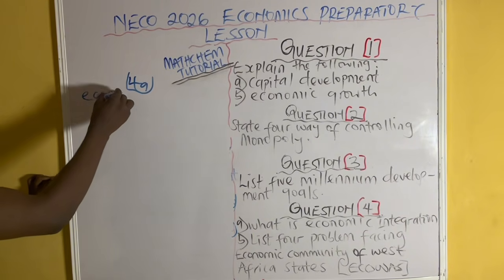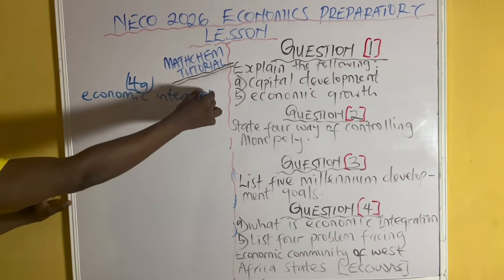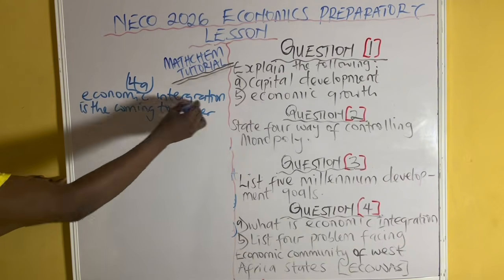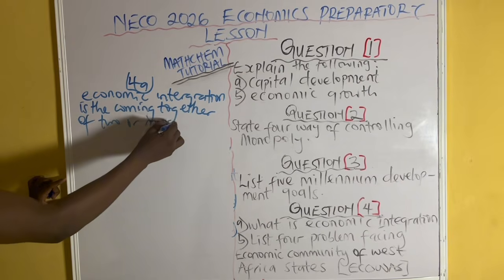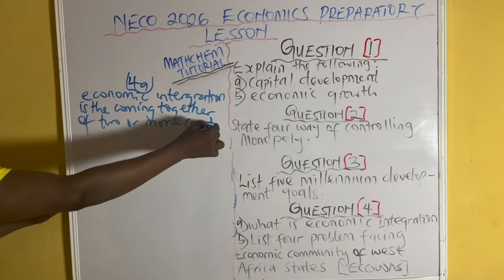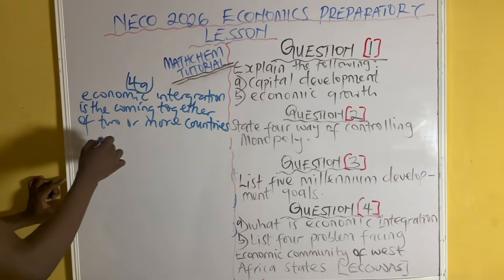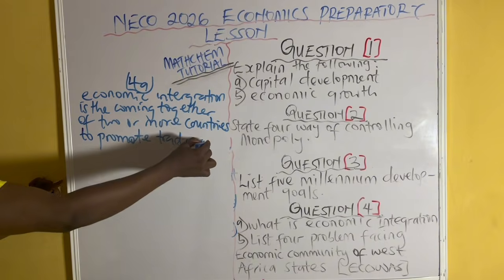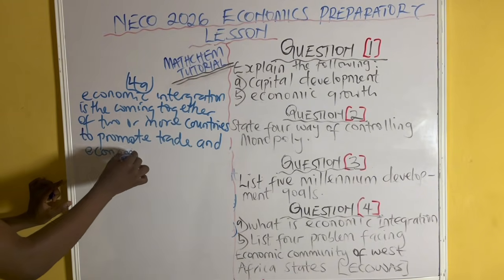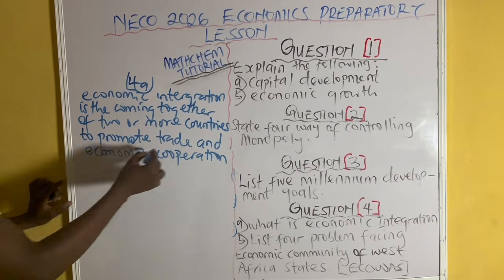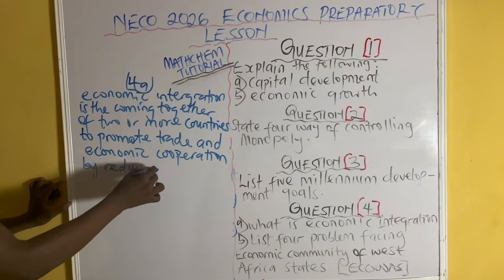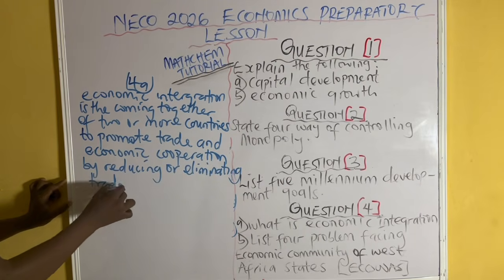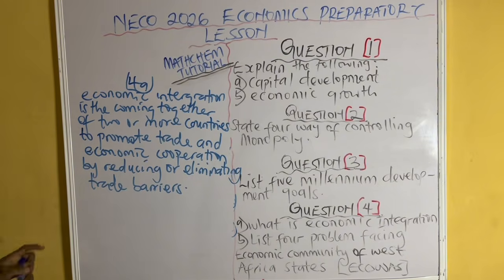So economic integration is the coming together of two or more countries to promote trade and economic cooperation by reducing or eliminating trade barriers. Yeah, so that is what economic integration is.